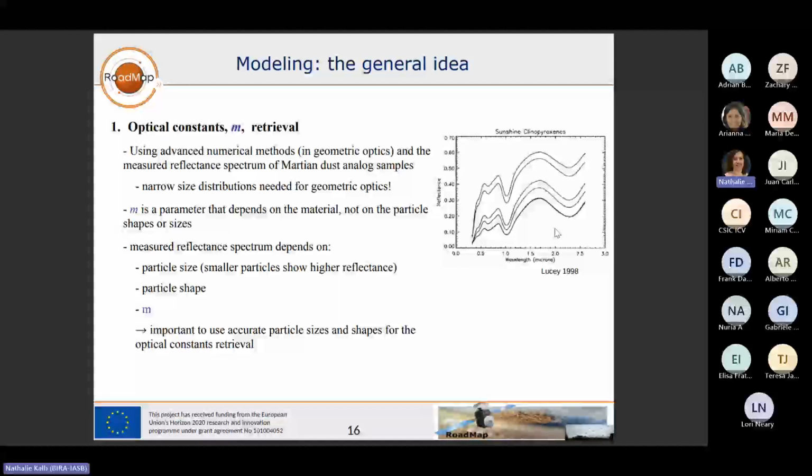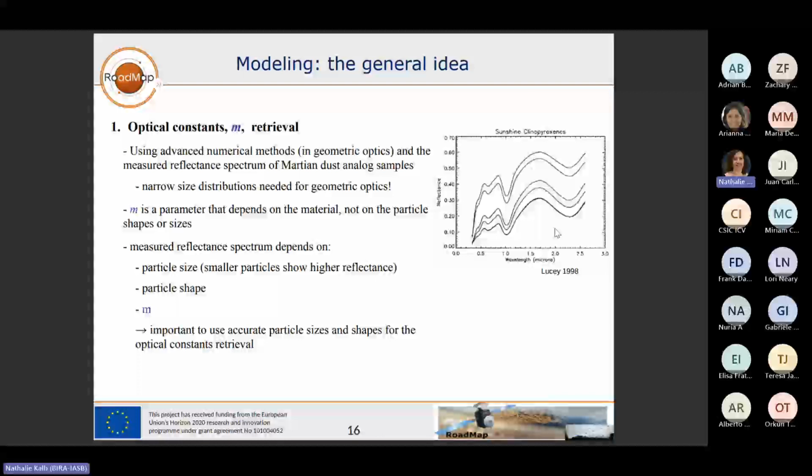For example, here we have a nice picture from Lucey et al., quite old, but they have done reflectance measurements of clinopyroxene with different particle sizes. The refractive index doesn't change, the composition doesn't change, only the particle size. There's no text here, but basically the highest curve has the smallest particle sizes, and the lowest reflectance is for the larger particles.